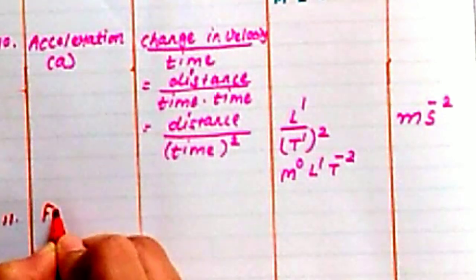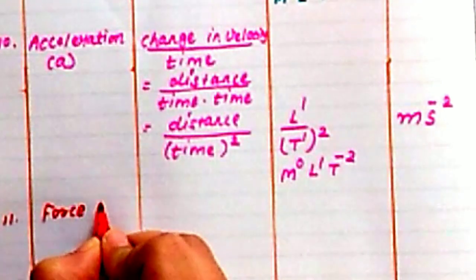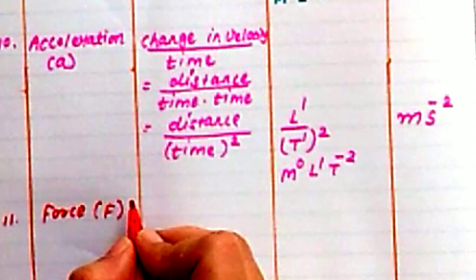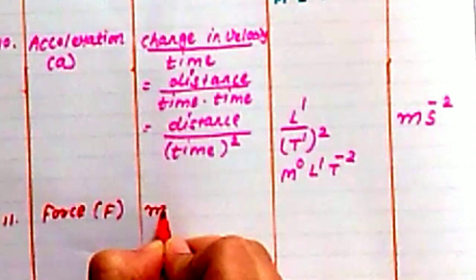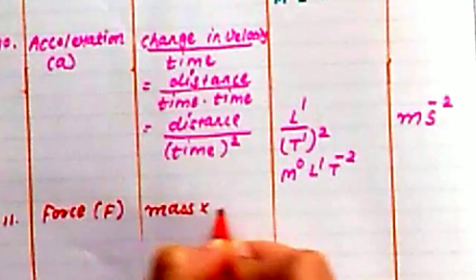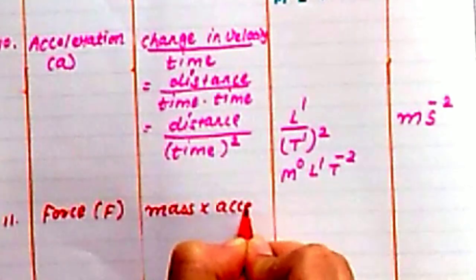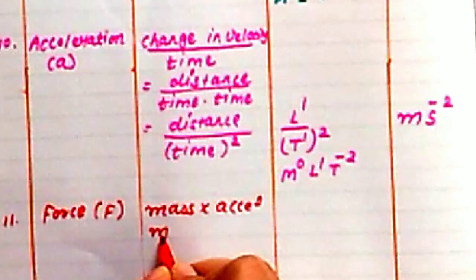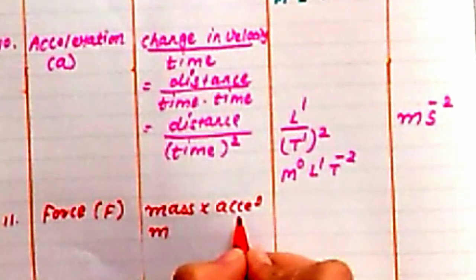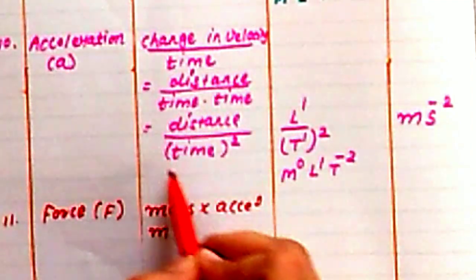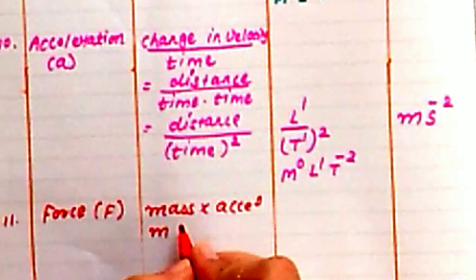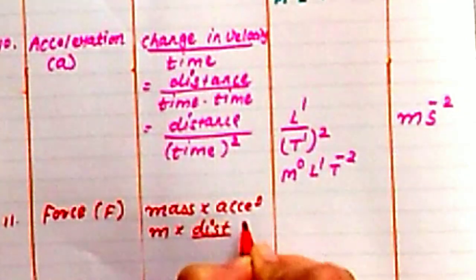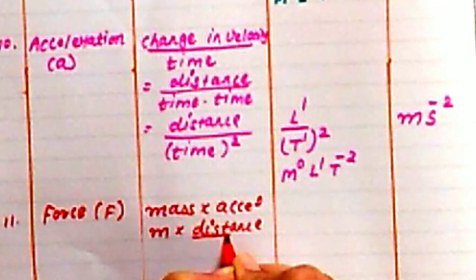Next is force and the symbol of force is capital F. Now the equation of force is mass into acceleration. Now we have to convert this relation into fundamental physical quantities. So mass is as it is and acceleration equals distance upon time square. So distance whole divided by time square.